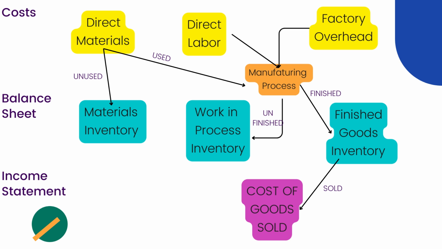Our work in process inventory was any unfinished material, or cost that we started using in the work in process, for anything that was not complete. And then in our finished goods inventory is all of the costs associated with completing a finished good.